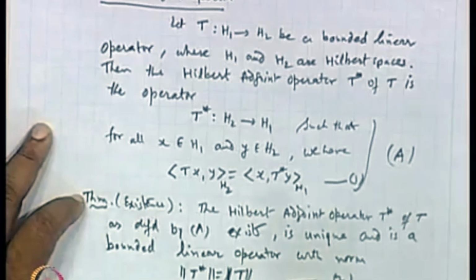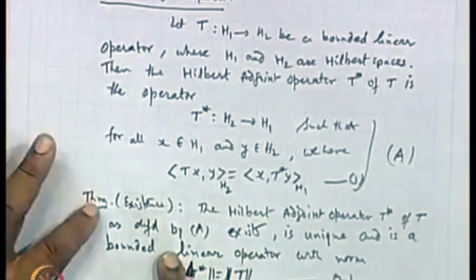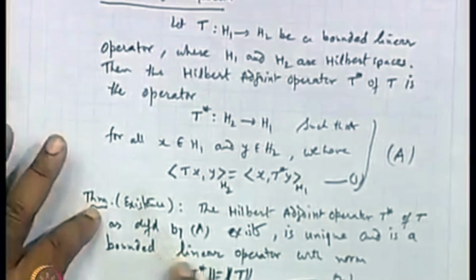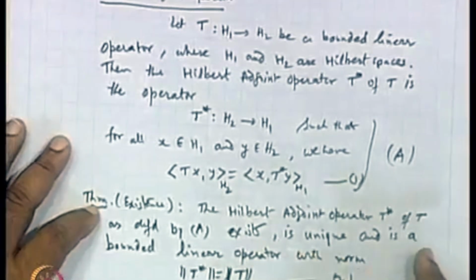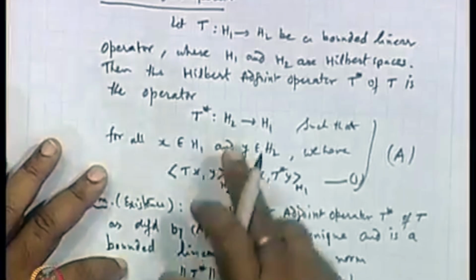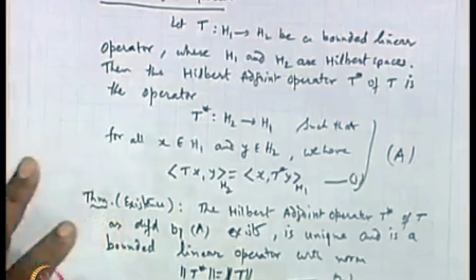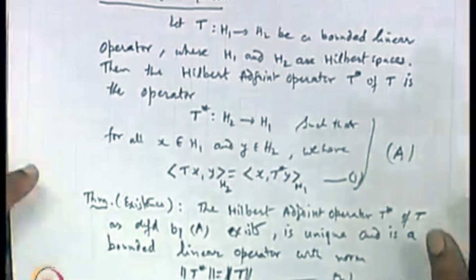So what this theorem says is that if T is a bounded linear operator, then there is a guarantee that the Hilbert adjoint operator will always exist. Not only does it exist, it will be unique in nature, and the norms of T star and T will be identical. So let's see the proof.